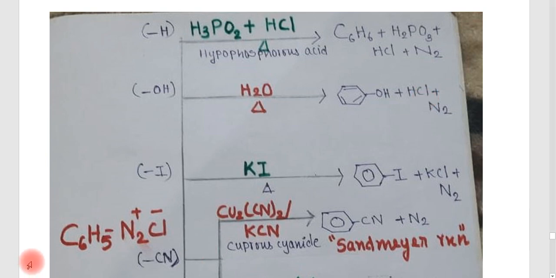And the next reaction is the benzene diazonium chloride being replaced by iodine. Here this benzene diazonium chloride solution is boiled with potassium iodide, and the product will be iodobenzene, plus KCl plus N2.